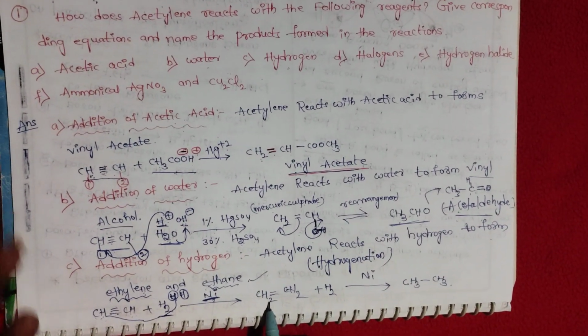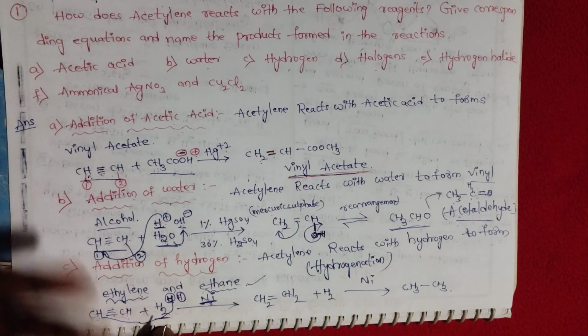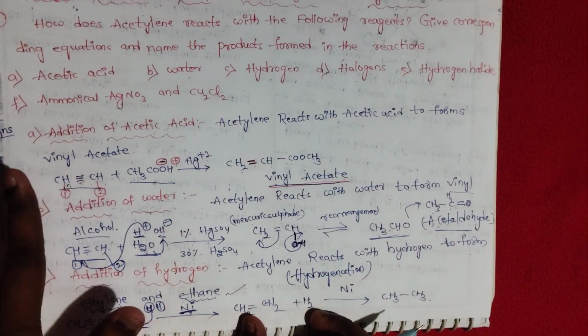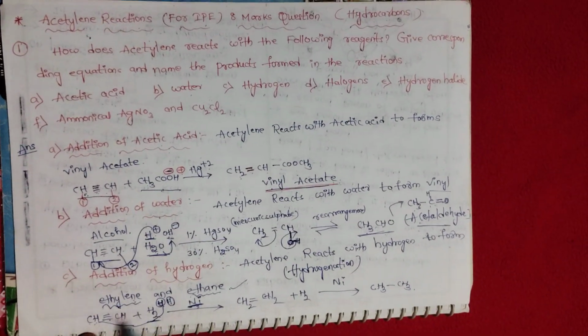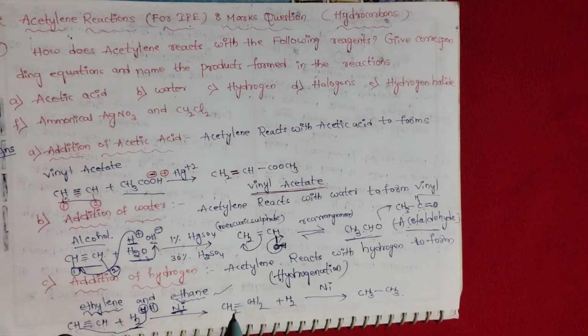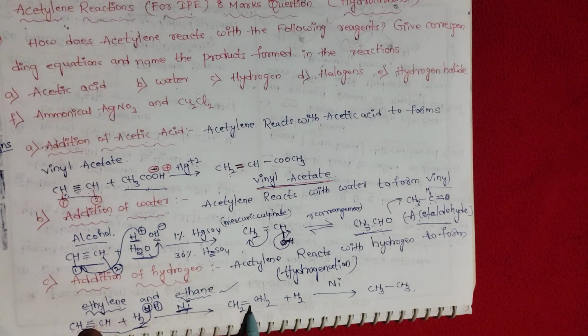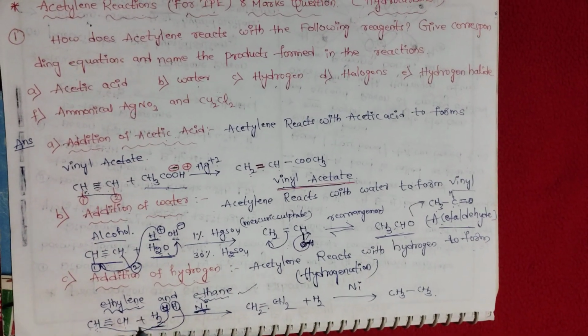By the addition process, we already said that by adding any type of groups the bonds decrease. That is the phenomenon involved in this reaction. So CH and hydrogen is added, converted into CH2. The triple bond decreases into a double bond, and CH. Another hydrogen is there, and this hydrogen is added to this side.